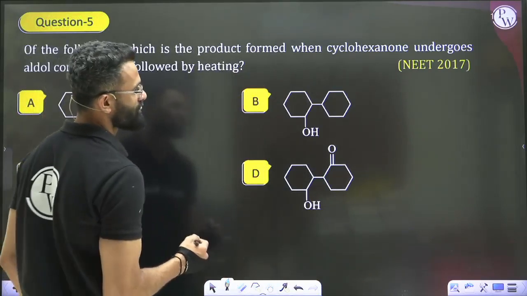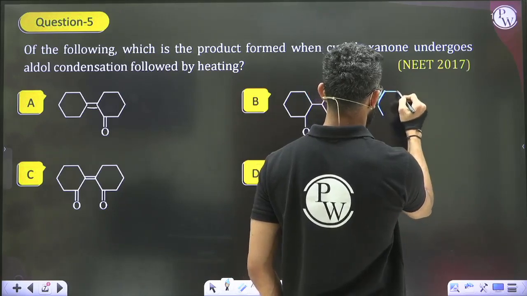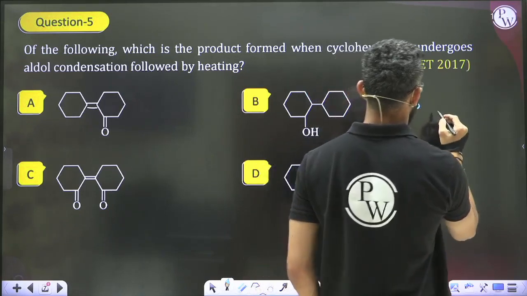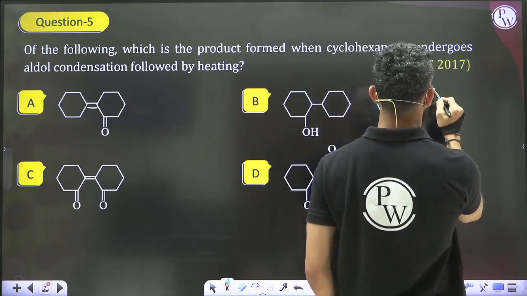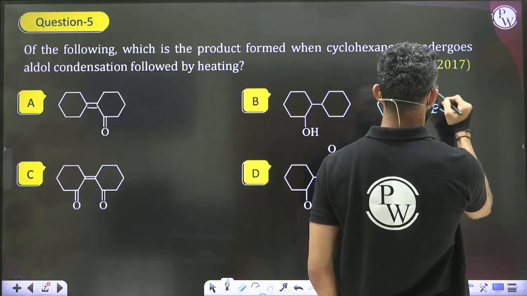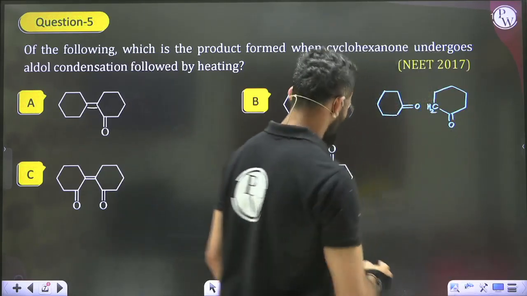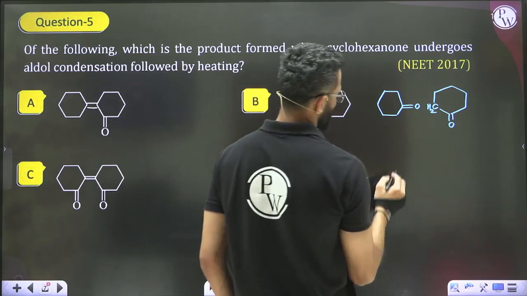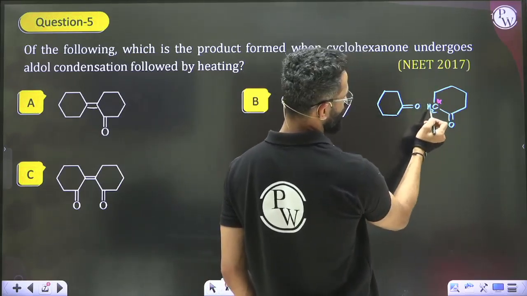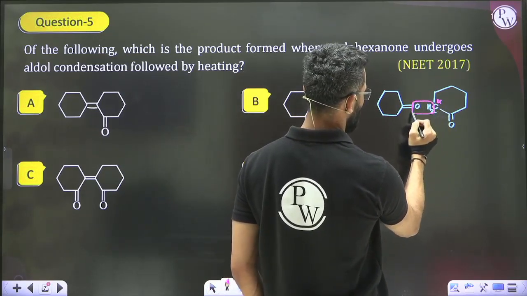Let's assume we have the first molecule of cyclohexanone, exposing this carbonyl oxygen to the alpha hydrogen atoms of the second molecule of cyclohexanone. So you can see the first one's carbonyl oxygen will be condensed with the 2 alpha hydrogens of the second cyclohexanone. And that's how we can directly get the product by removal of water.